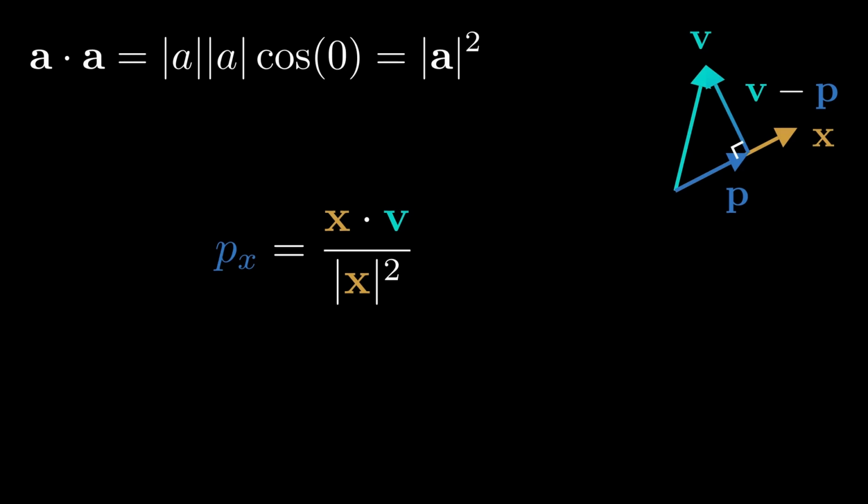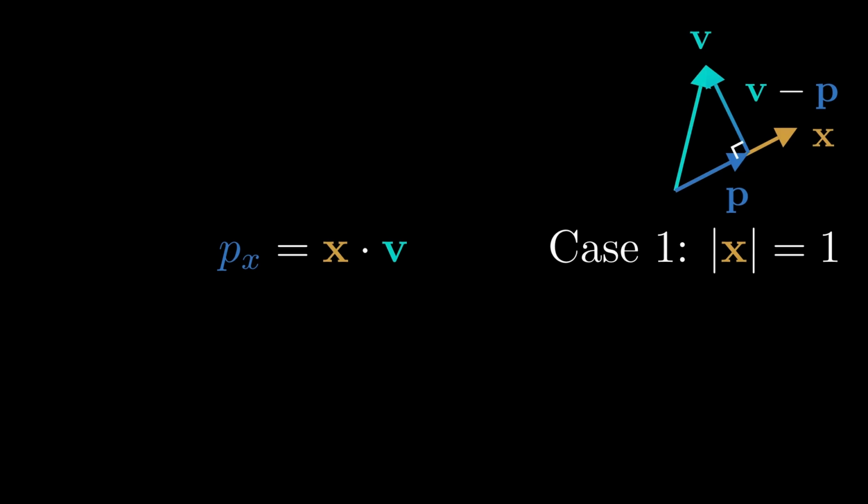For our first and simplest case, we are going to suppose that x is a unit vector, so its length is just 1. In that case, the denominator of this expression is just going to be 1. So this reads that the component of the projection in the x direction is given by x dot v. To get the full equation for the projection, we can plug this back into our expression for p.